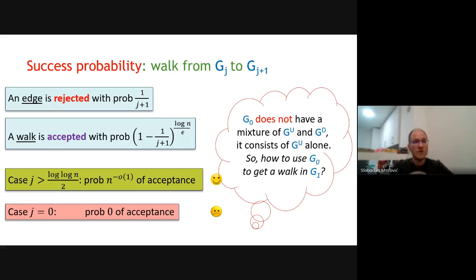This is an issue if j is small. But there's something that we still learn: if j is large enough, we can gradually boost the directedness of the edges. So this whole idea would work for j large enough.